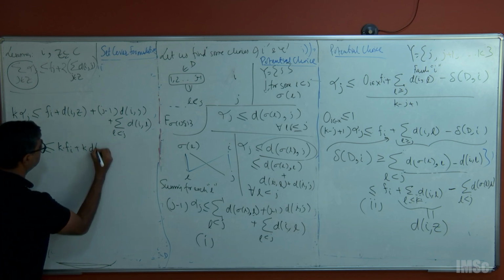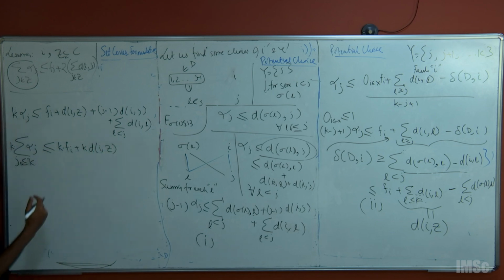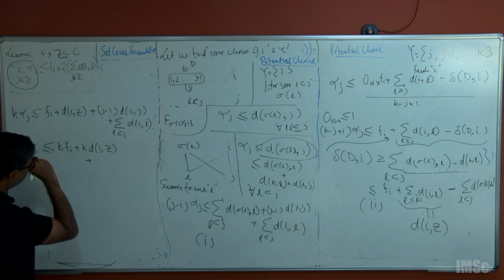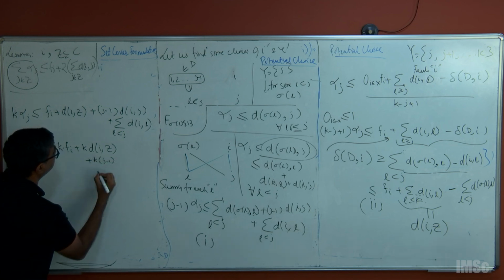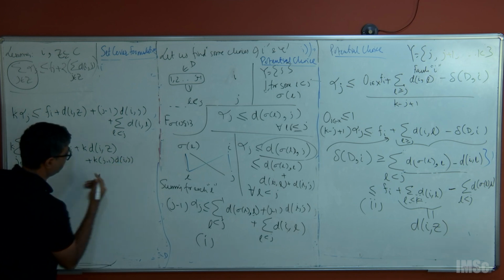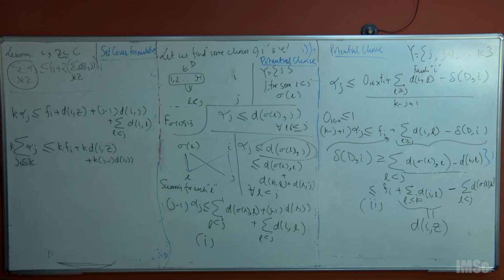K times Diz. K times these two quantities. Is that fine? Can I write this plus k times j minus 1 Dij? Yeah, j will change, no? This is not what it is.